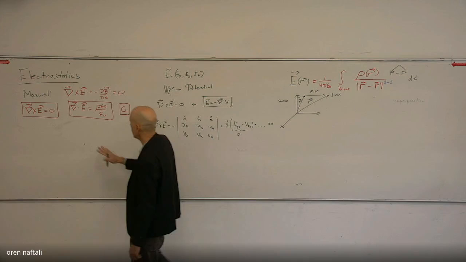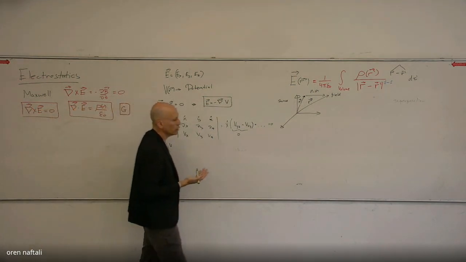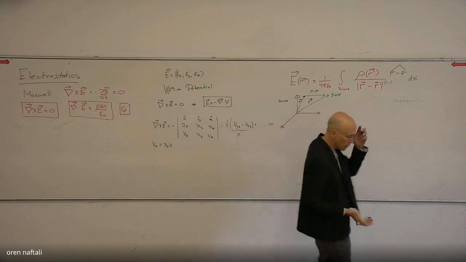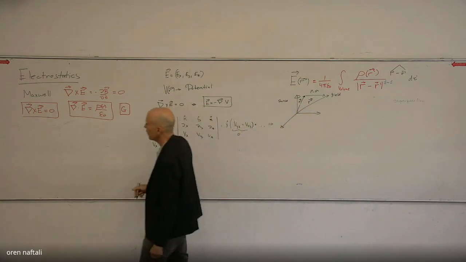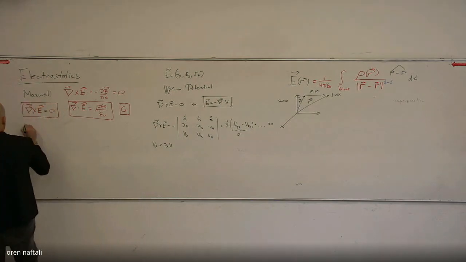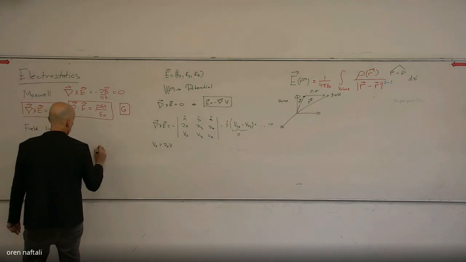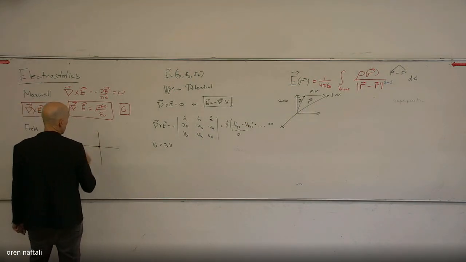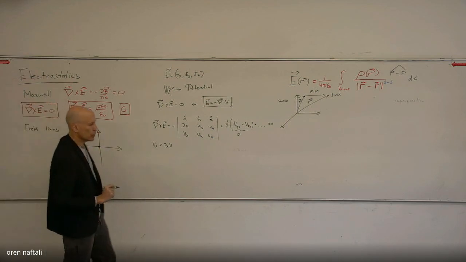Okay, so now you can do this. Of course, this is correct, but you can also build some intuition, or I would like to build some intuition. And it's very simple intuition, based on field lines. What we are going to do is use one charge, and I'm going to put the charge at the origin.